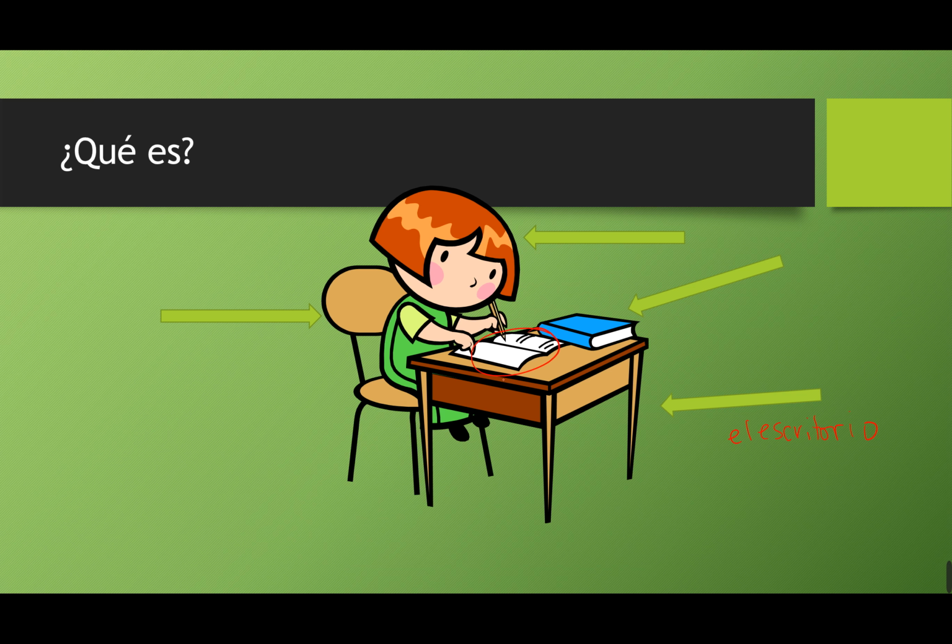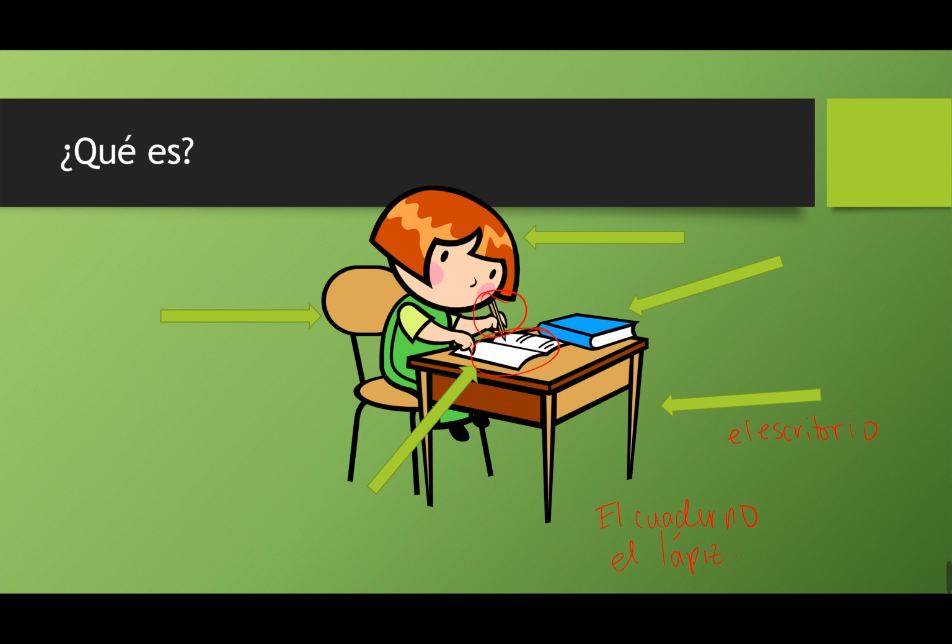So we have a few more things here he could name. This would be el cuaderno y el lápiz. Well, there's the arrow. There you go. I'm not perfect, guys. As you'll see, I make many mistakes during these videos.